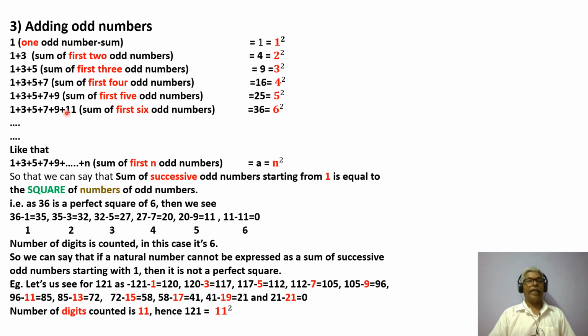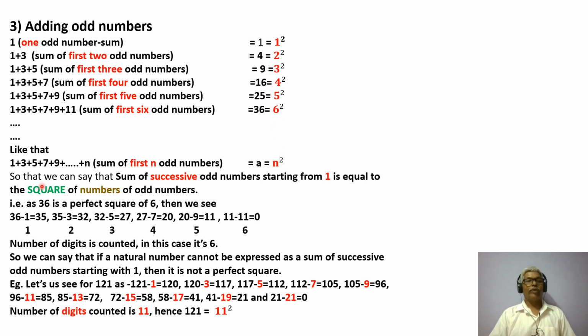Like that, if we add the first n odd numbers, remember odd numbers, not n numbers, 1 plus 3 plus 5 plus 7 and so on till n terms, and this sum is a, then it will be equal to n square, because we have added n odd numbers. So this n corresponds to how many odd numbers were added. So n square. Similar pattern.